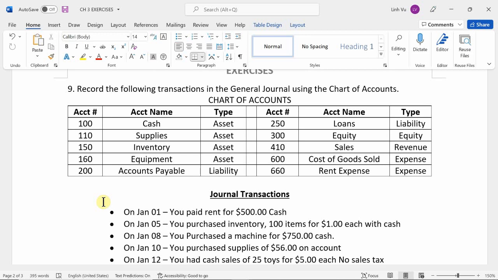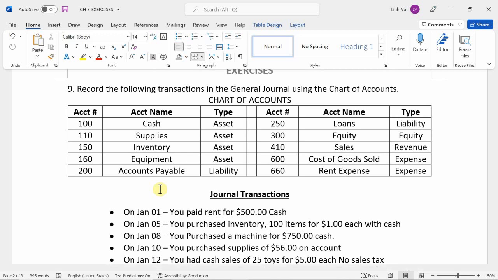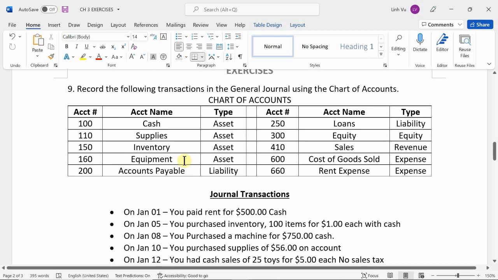So what account do I actually have left? I have accounts payable, because that's the only liability account on my chart of accounts. Accounts payable is when you owe money to your vendors, typically 30, 60, 90 days. So that's where you would put your liability.